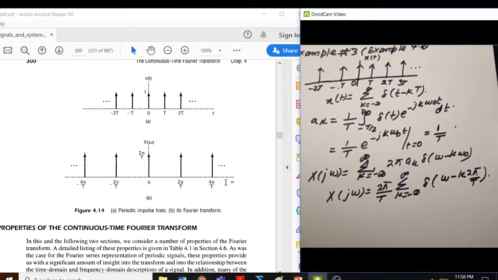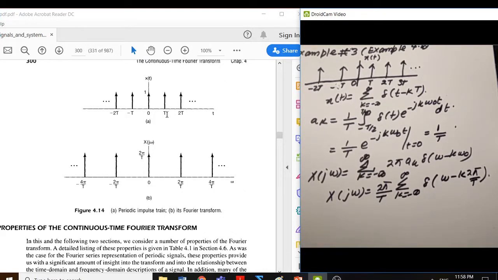So we can summarize the result by saying that an impulse train in the time domain gives us an impulse train in the frequency domain. Also, we can observe that if we increase this time T, so that the impulses in time are further apart or are expanded, in the frequency domain these impulses are divided by T, so they will come closer.